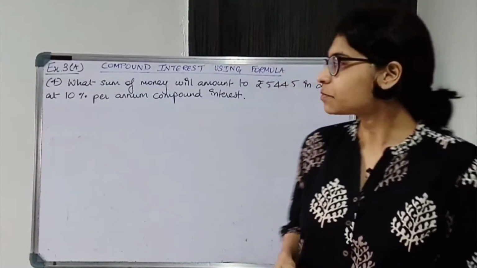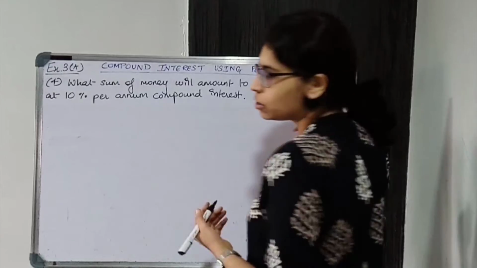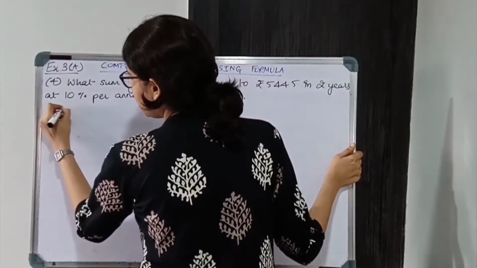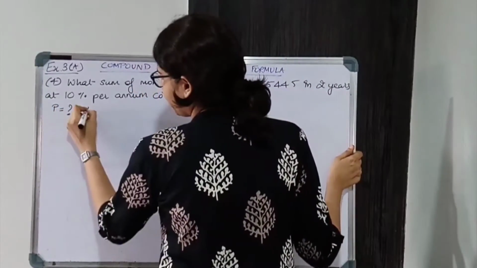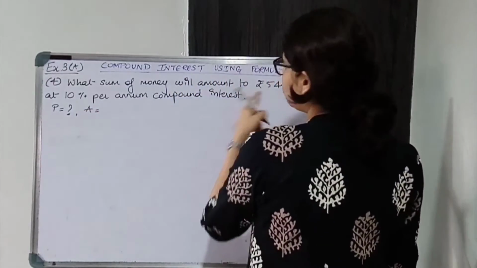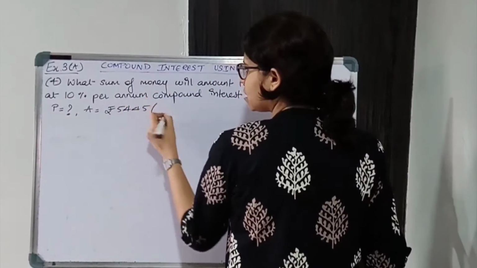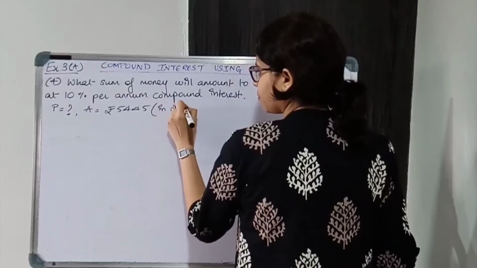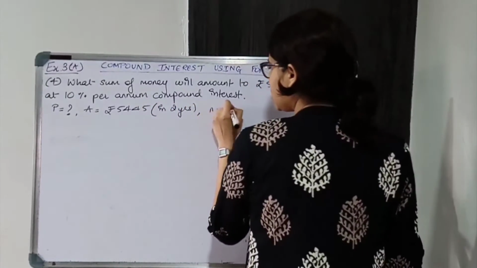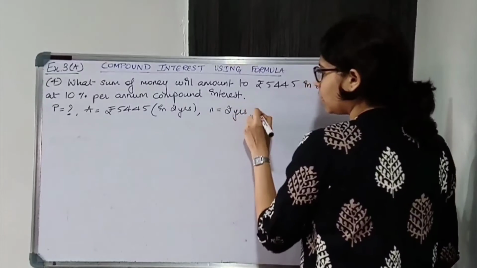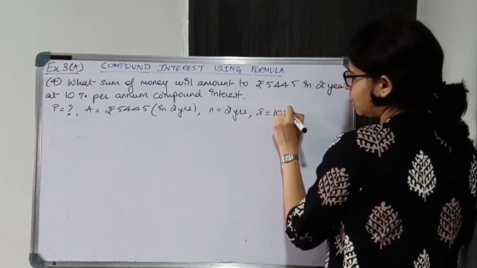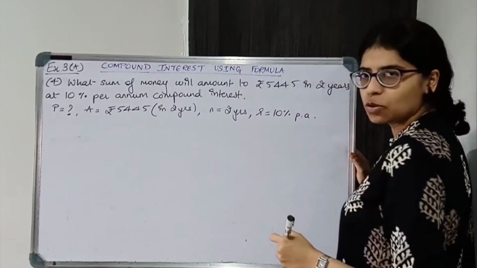All right. So first we'll write down the given information. Principal we have to find. A is equal to rupees 5445. That is in 2 years. N is equal to 2 years, and R is equal to 10% per annum, okay.